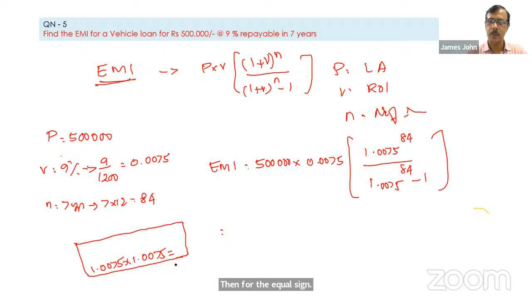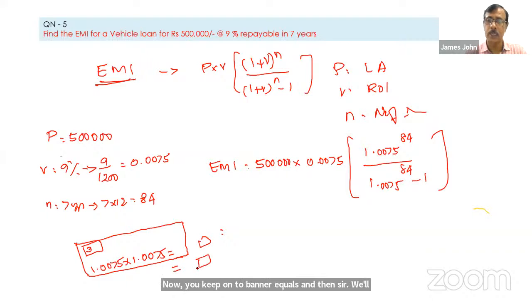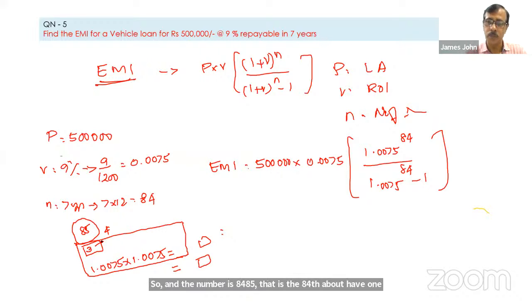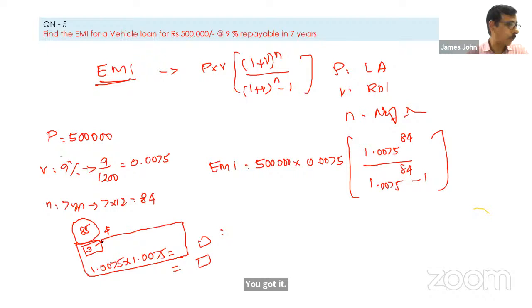You will get an answer, and on the top there will be a number, either 3 or 003, something like that. Now keep on pressing the equal sign. The answer will be changing and this 3 becomes 4. You keep on tapping the equal sign until the number becomes 85. When the number is 85, that is the 84th power of 1.0075. You got it? So what is the answer? 1.0075 raised to 84.